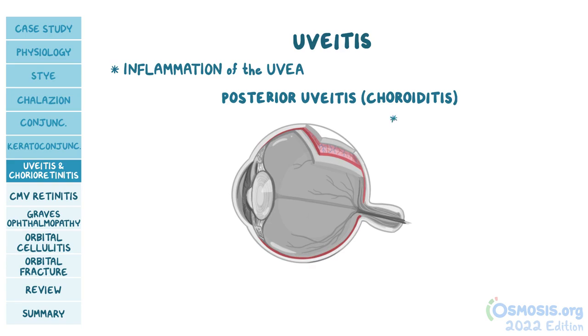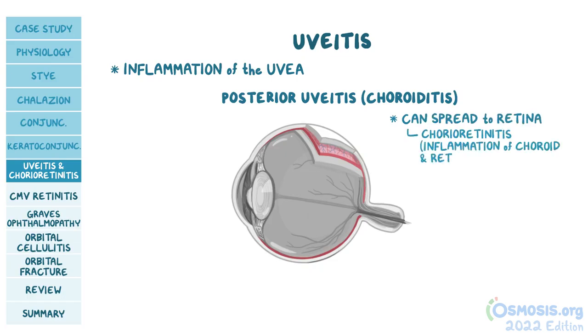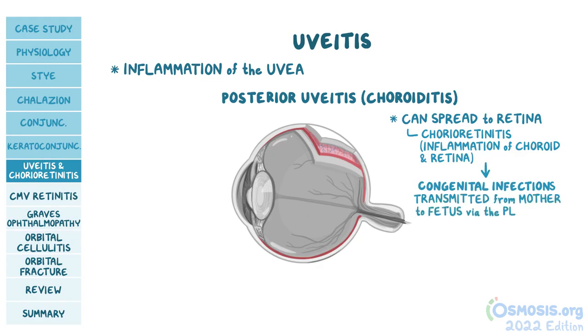Posterior uveitis can also spread to the retina, causing chorioretinitis, which is the simultaneous inflammation of the choroid and the retina. Chorioretinitis is most commonly caused by congenital infections, which are transmitted from the mother to the fetus via the placenta.